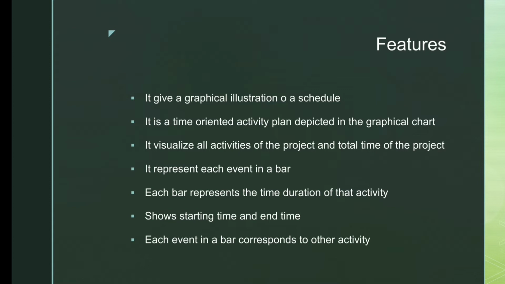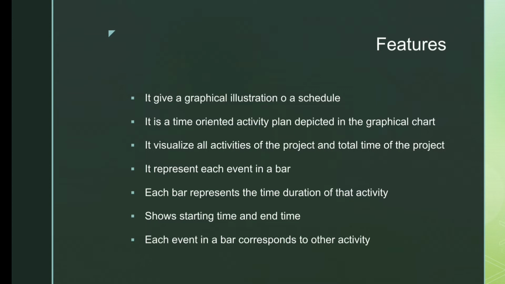Then it depicts each event in a bar, as we can see in the next slide. The events are there and the time frame is also there. Each bar represents the time duration of that activity, and the bar diagram shows the time.